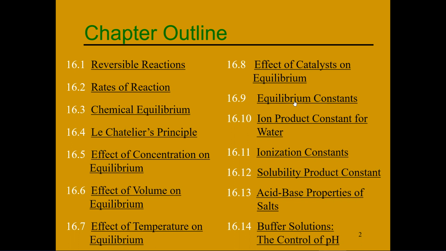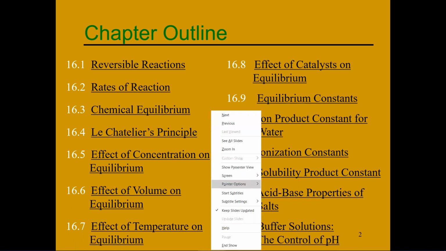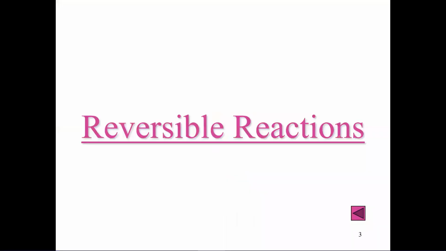So it'll introduce you to both this chapter, which is equilibrium in your textbook, as well as the next one, which is on acids and bases. So it's kind of an introductory to both of the things we're going to essentially do. So now what I'm going to do is get the pointer ready, and then we'll go through the slides.